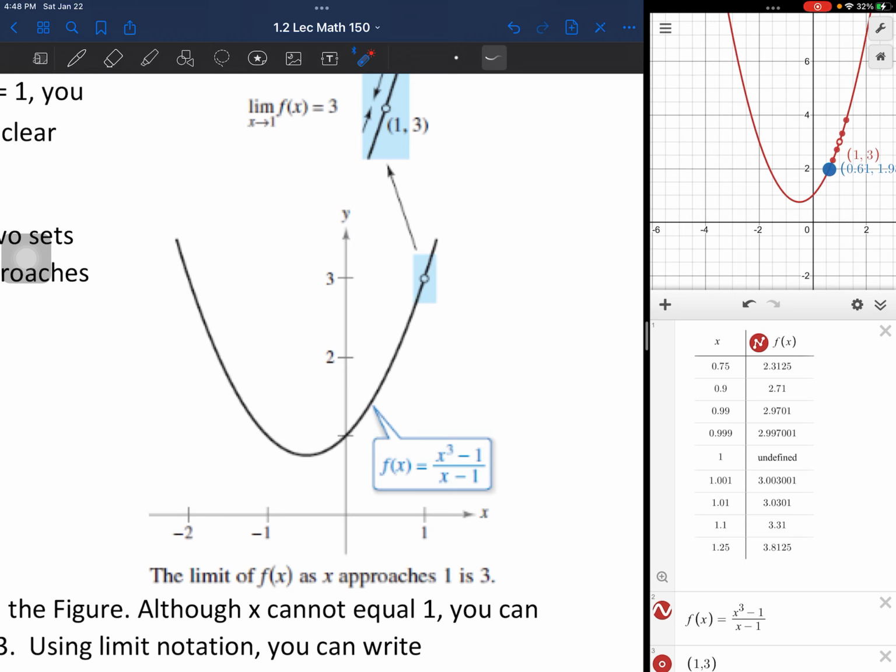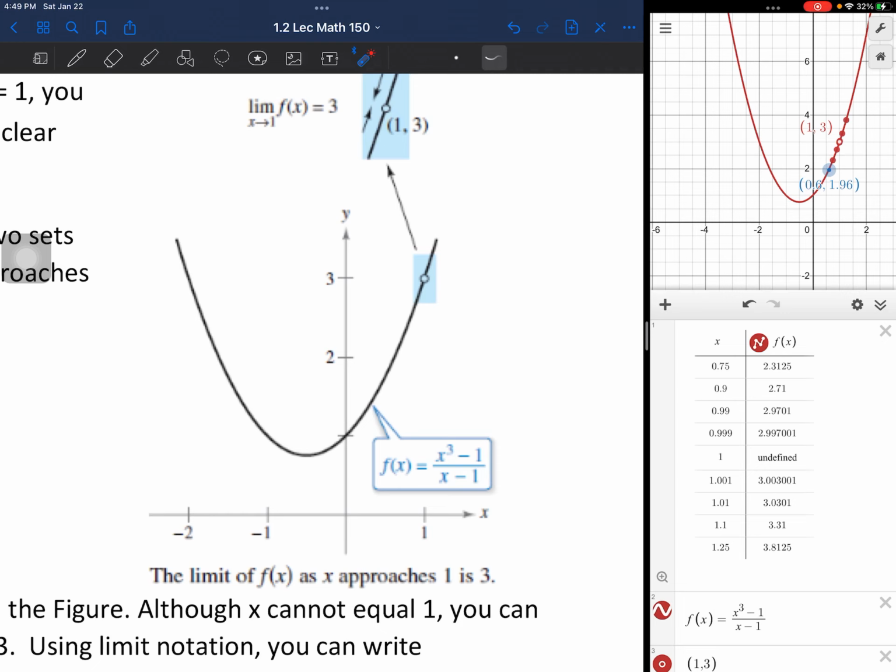X is 0.64, y is 2, somewhere in there. If you get closer and closer, what we want to figure out is, as the x value gets closer and closer to 1, what is the y value approaching? So for example, as x approaches 1, what is the y value here? That's what we're trying to figure out.